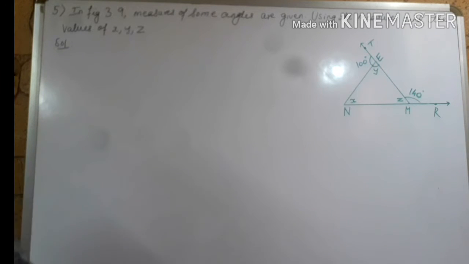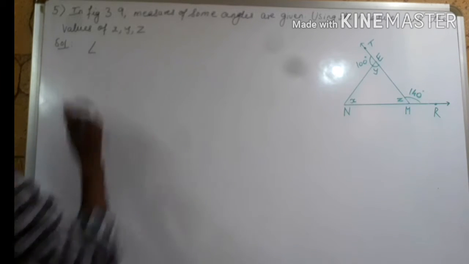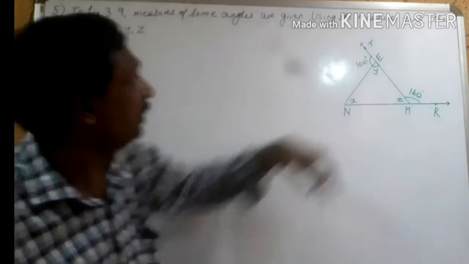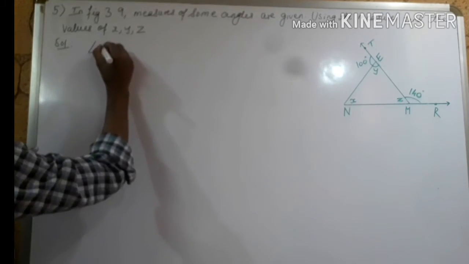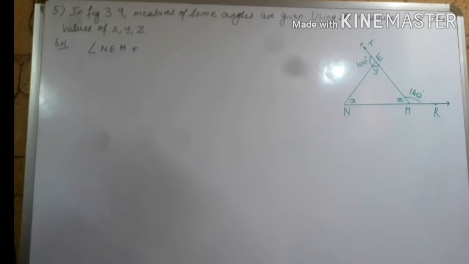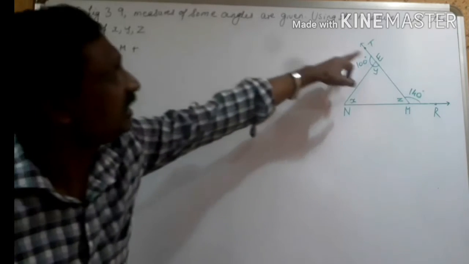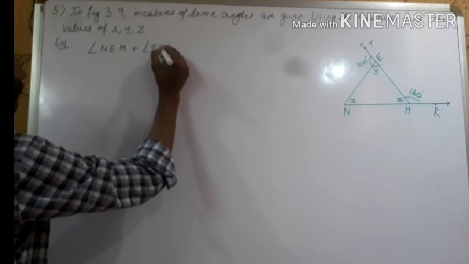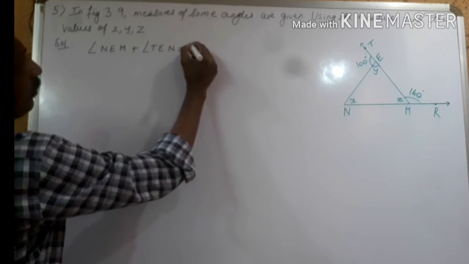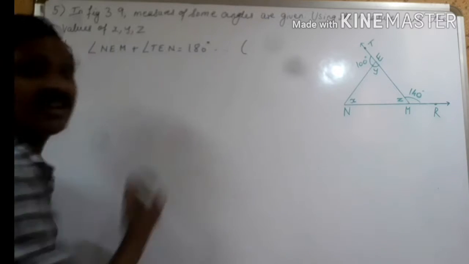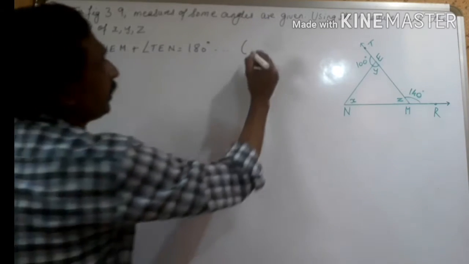Solution. Angle NEM plus angle TEN is equal to 180 degrees. Reason: angles in a linear pair.